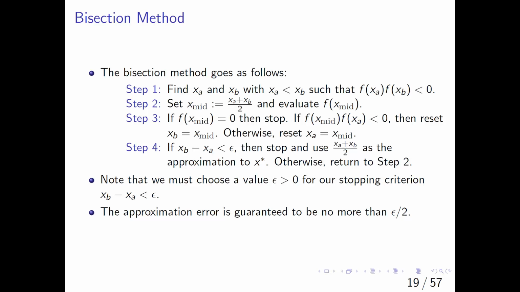Once you decide your tolerance for the error, you can repeat the steps until you reach this accuracy. The approximation error is guaranteed to be no more than half of the given tolerance. So this is the bisection method.